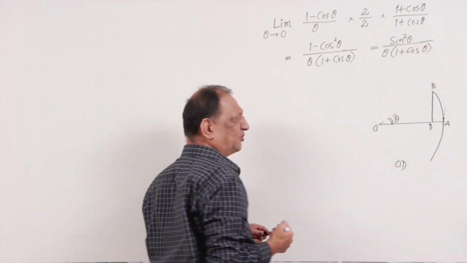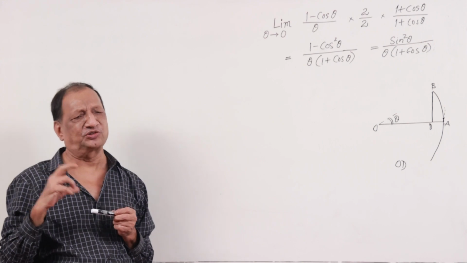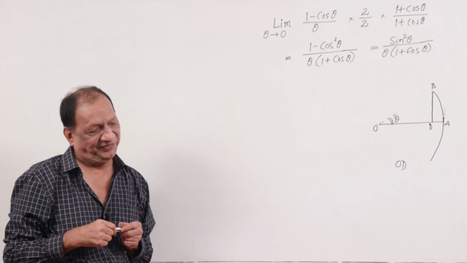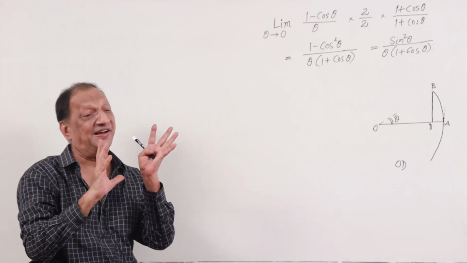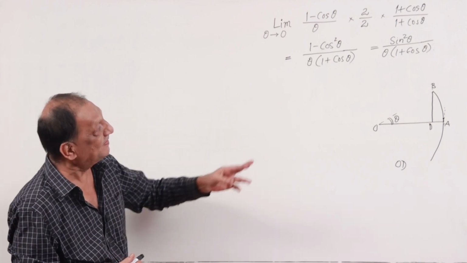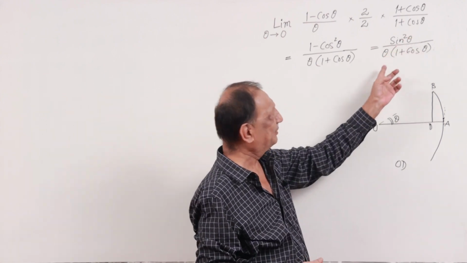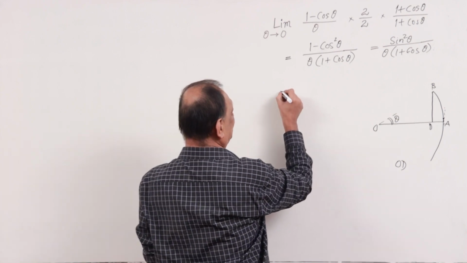Now, just now we have proved that the limit of sin theta by theta as theta goes to 0 is 1, right? Which also means, inverted, theta by sin theta as theta goes to 0 is also 1, obviously. So now I have got a sin theta by theta there. You can see it, so we will split that into two functions.